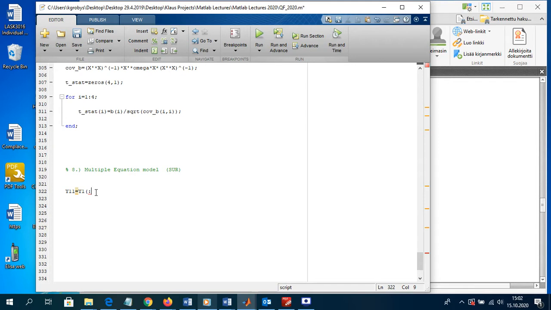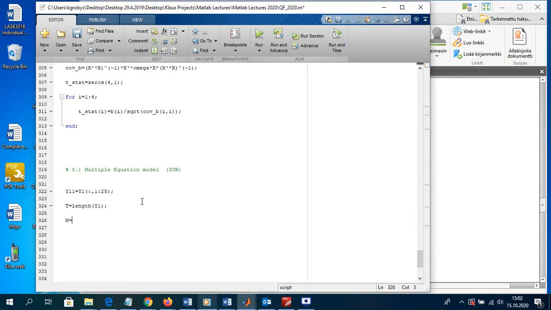So we want to have all time series observations. So we write colon, comma, and the columns 1 to 25, because there we have the corresponding stocks that we want to have in our subsample. Next, T is the length of Y1, but actually we don't need to define this because it's already defined in the workspace, right?